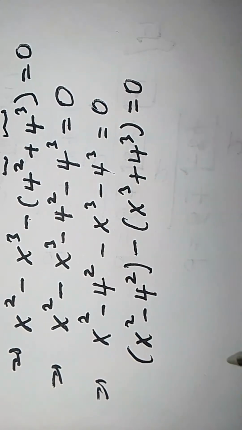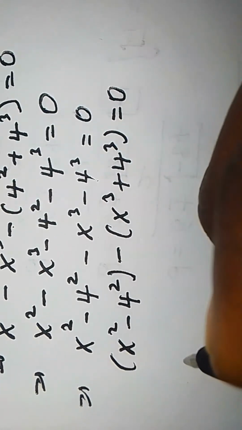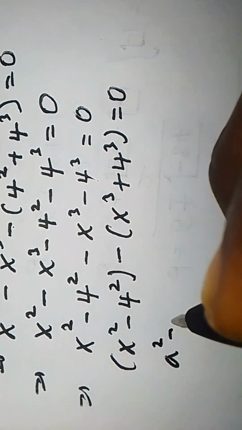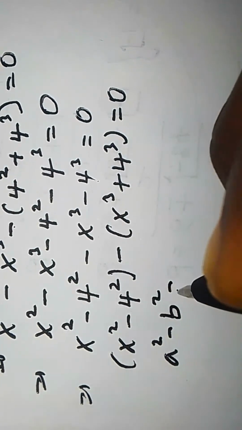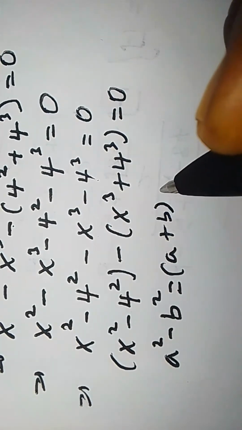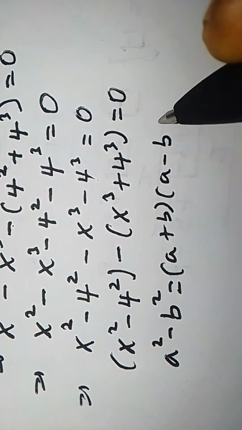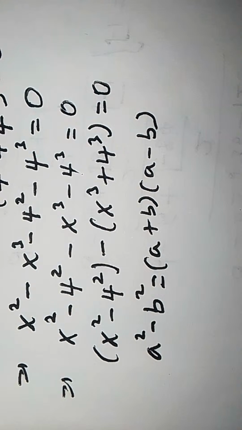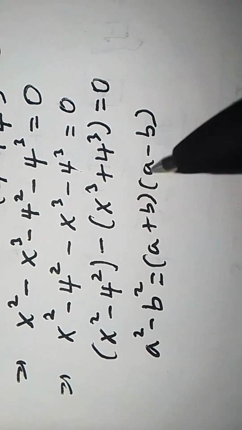At this stage, we need to recall some algebraic properties. The first one is difference of two squares: a square minus b square is equal to a plus b times a minus b. The second property that we need to recall is sum of two cubes.